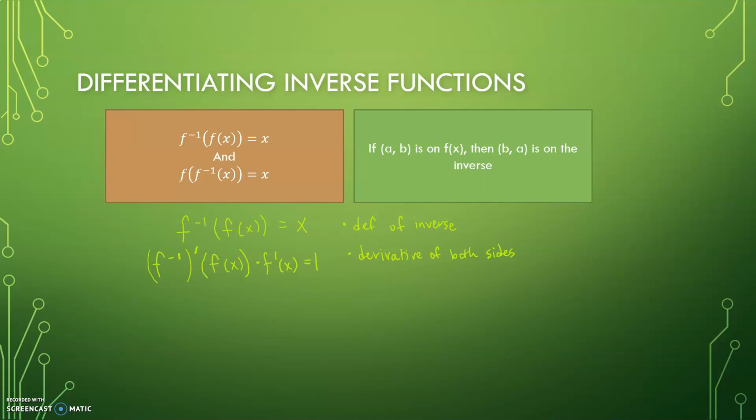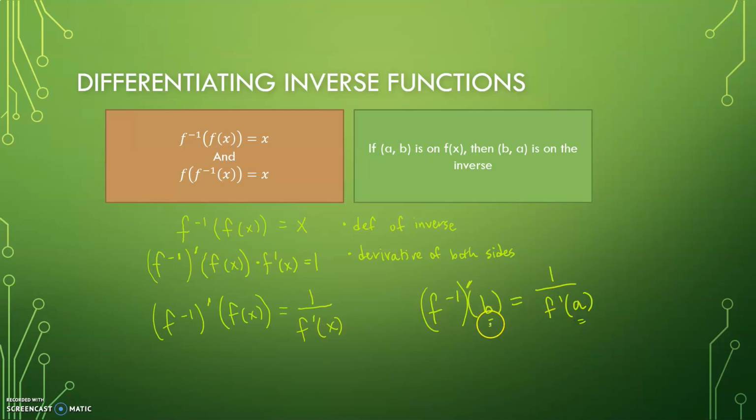So now I have the product of the slopes is 1, or if I solve for one of those slopes, like the f inverse prime of f of x, I get the reciprocal of f prime of x. And I want to point out that what this is saying is that f inverse prime of b is going to be the reciprocal, oops, I forgot the prime here, is going to be the reciprocal of f prime of a.